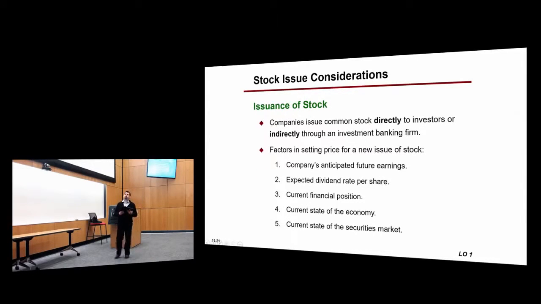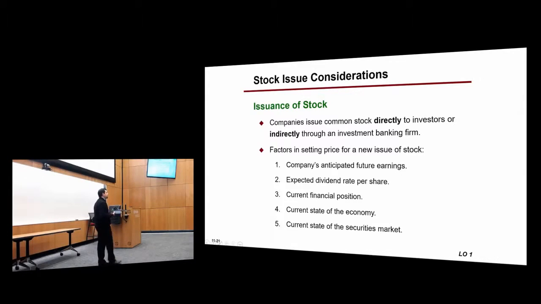So, issuance of stock. Like I said, companies can do that directly by selling stocks themselves, or indirectly by using an investment banking firm to do that on their behalf. When they decide on the price of the stock, how do they do that?